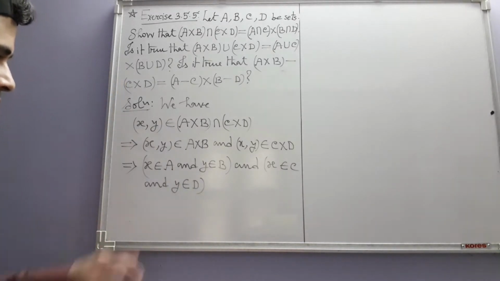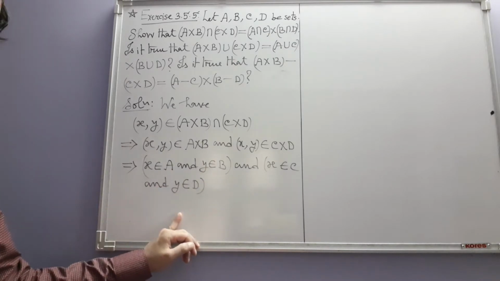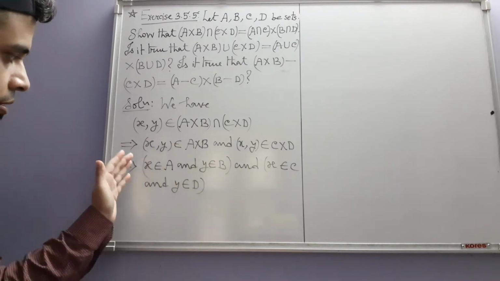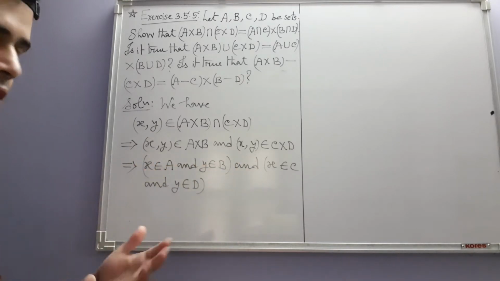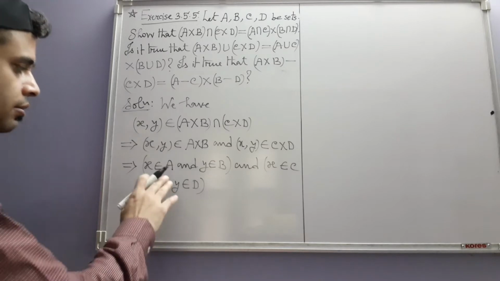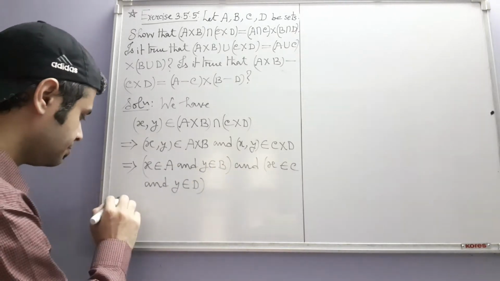Note that because we have AND throughout, we can write these simple statements, x belongs to A, y belongs to B, etc., in any order we want, keeping AND in between them.